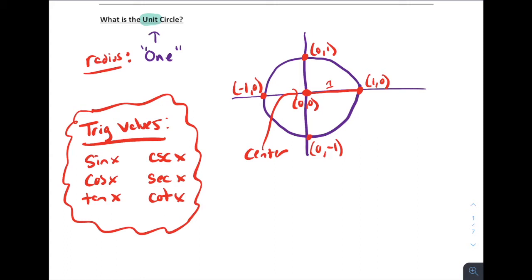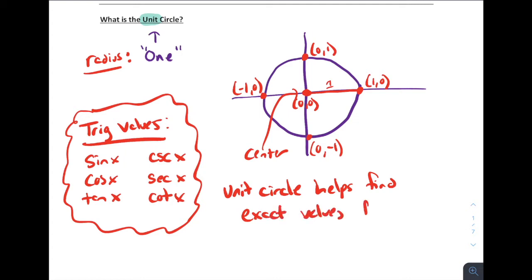Now, when was this actually useful? This came about over a long period of time in mathematics when obviously there were no calculators. And so it's a really nice thing that the unit circle actually helps us find exact values. So it helps find exact values for trig functions at given angles.